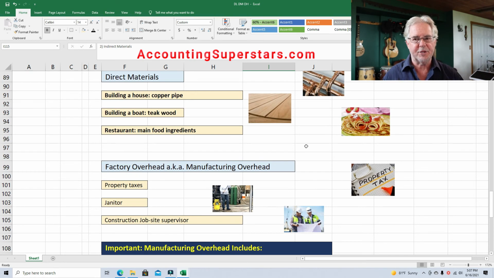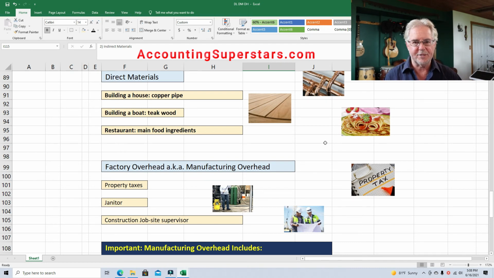Like nobody's going to track exactly how much salt you used to cook these pancakes or whatever they are. And probably no one's going to track exactly how much syrup was used also. So indirect materials, they can be part of the product, but they're not worth tracking. It's just not worth our time or money to track it.